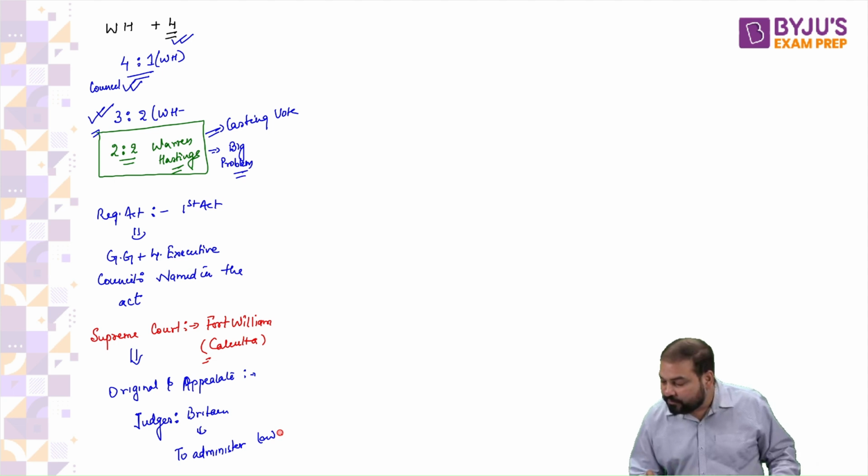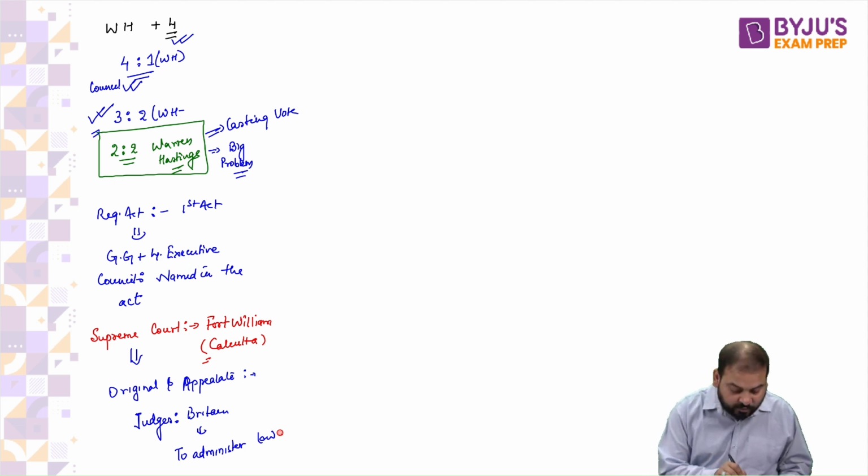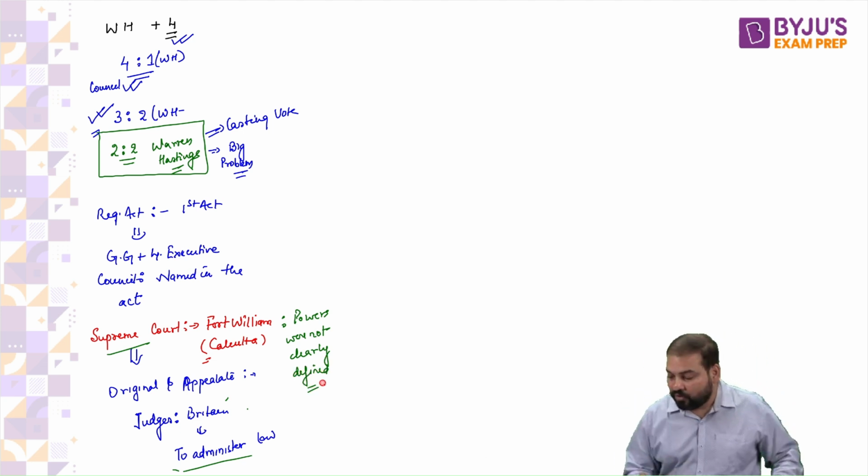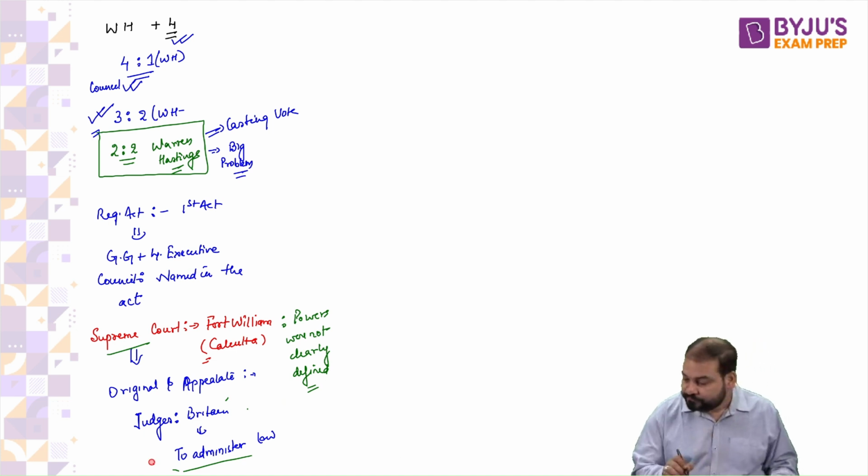Everyone, please remember, that's what I told you, it's a big problem. All of you do remember this thing, that this Supreme Court's powers were not clearly defined, and this is another big problem of this particular law.